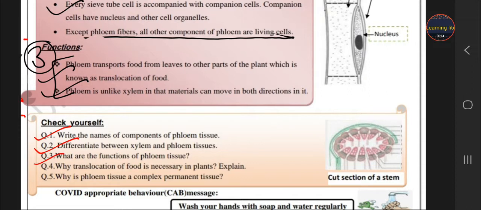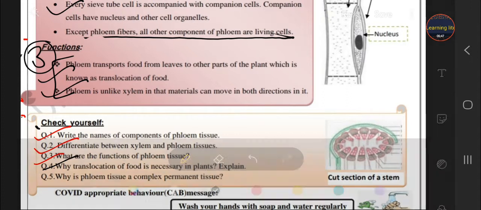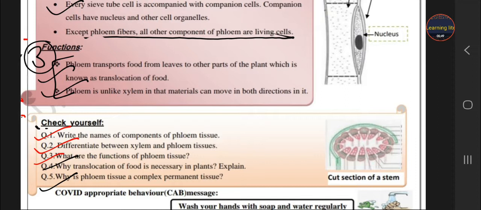Fourth one, why is translocation of food necessary? So students, translocation of food is necessary in plants so that each and every part of a plant grows well. And due to translocation, phloem moves the food particles from leaves to the aerial and the lower parts of the plant. So you have to write here, the translocation of food is necessary to maintain the growth of each and every part of the plant. Last one, why is phloem tissue a complex tissue?